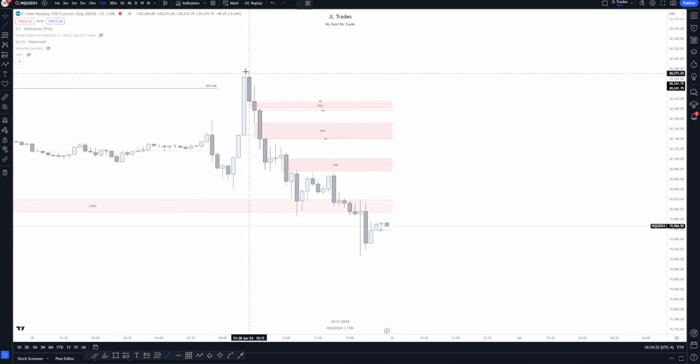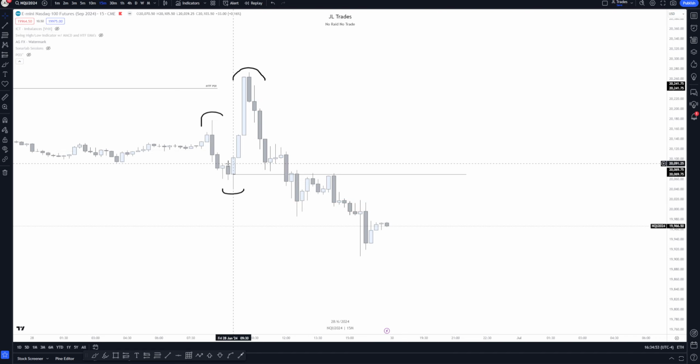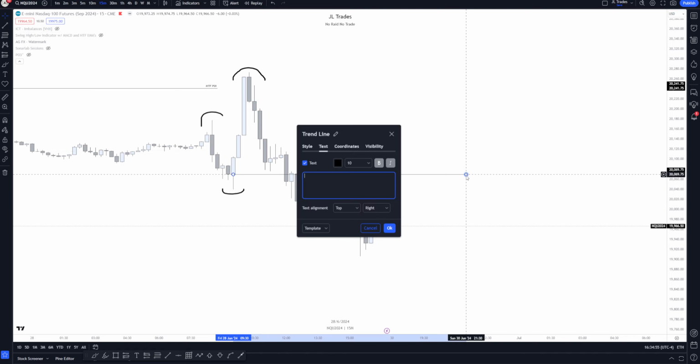So this higher time frame POI, as you can see here, we have a swing high, swing low, swing high. Price then moves down, comes up a little bit, but continues further down. We would want to see a candle close below this low, or at this level, to confirm a change in the state of delivery.